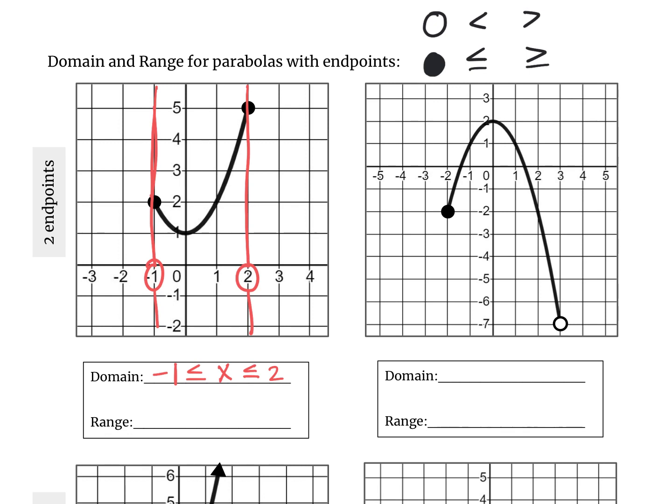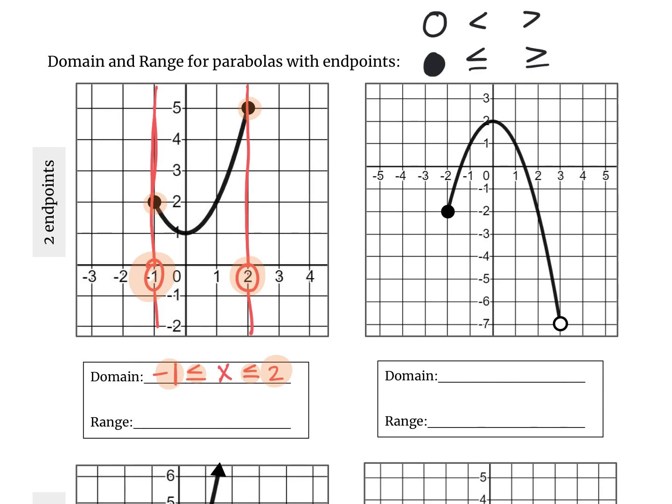So hopefully you can see that it is starting at -1, and it goes to +2. And since there are closed circles, that means I have less than or equal to signs. So that's the domain.